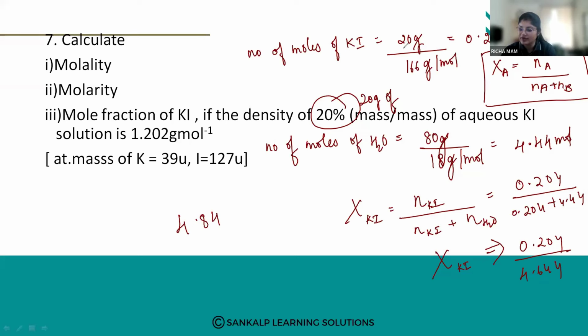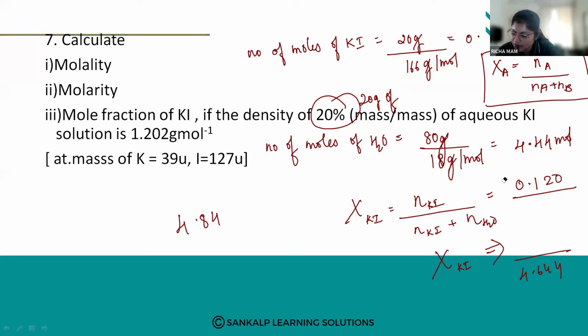20 divided by 166. Sorry, here it will come differently. Make the correction. Your number of moles of KI is 0.120. So similarly, this also will change, so the value will change.